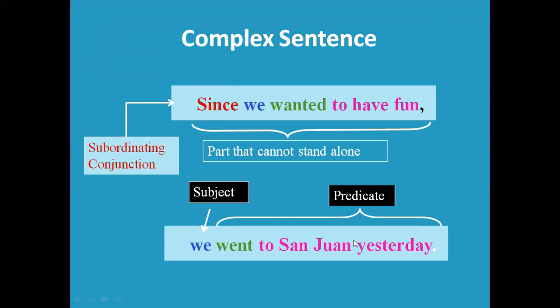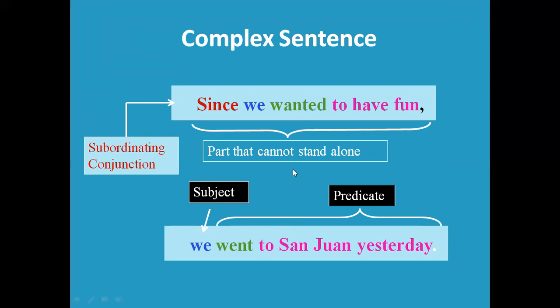And we went to San Juan yesterday. That is an independent sentence. It can stand alone, but this part cannot stand alone. The first part is dependent on the second part of the sentence.